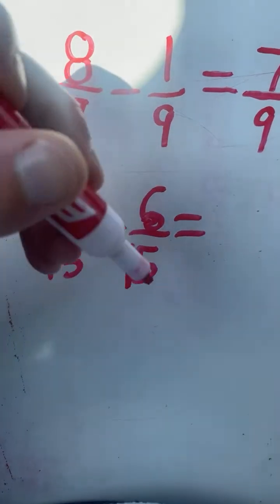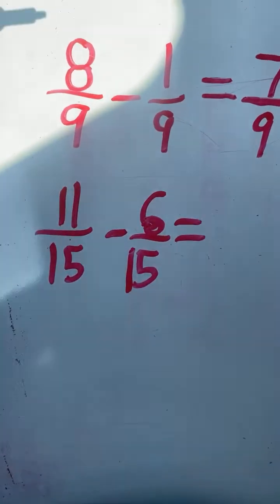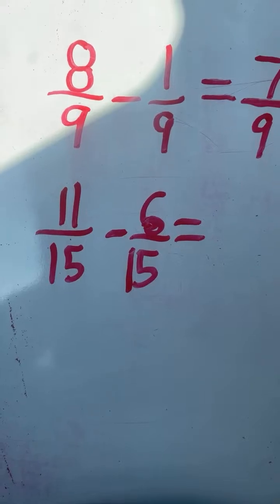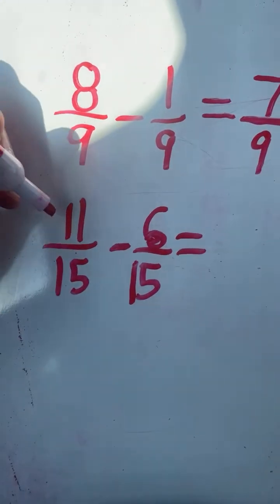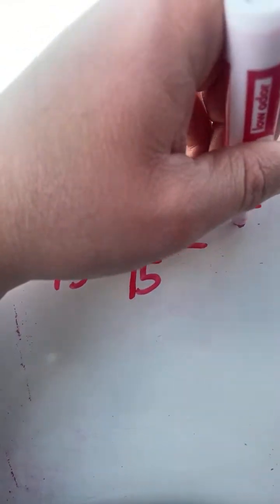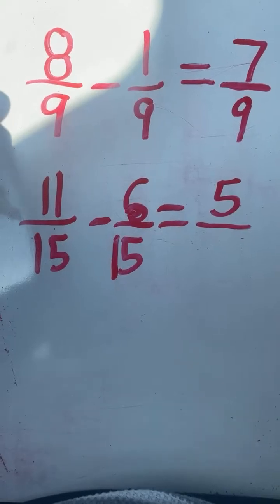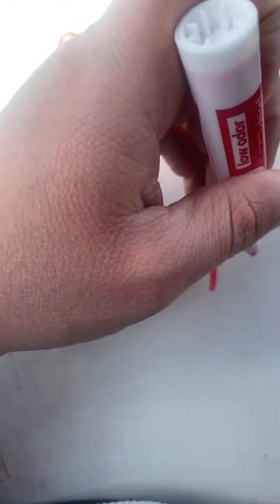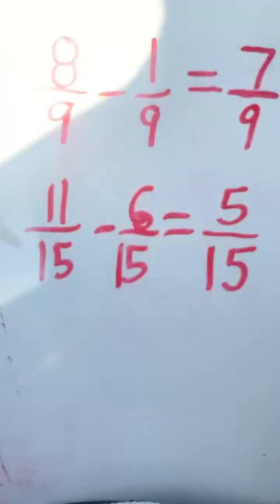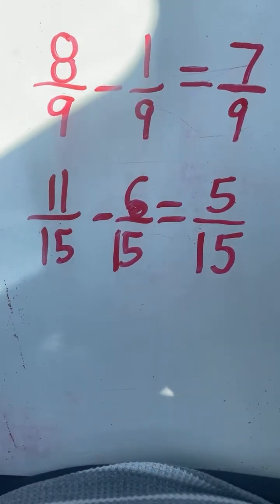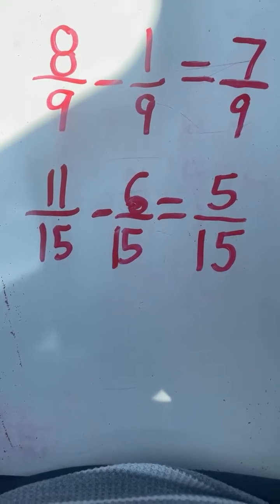Make sure the denominator is the same, because if the denominator is not the same, then obviously it's a whole different method. But assuming the denominators are the same, step 1 is we subtract the numerators. 11 minus 6 equals 5. Step 2, we keep the denominator the same in our answer. Since the denominator in both fractions is 15, it'll be 15 in our answer. 11/15 minus 6/15 equals 5/15.